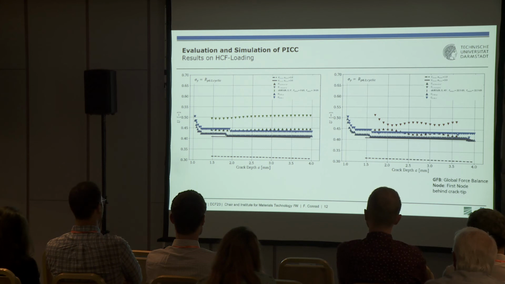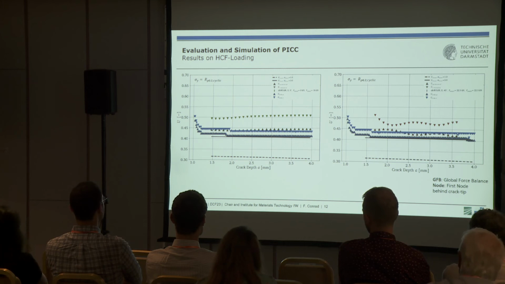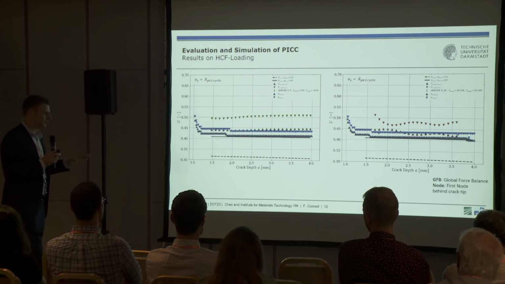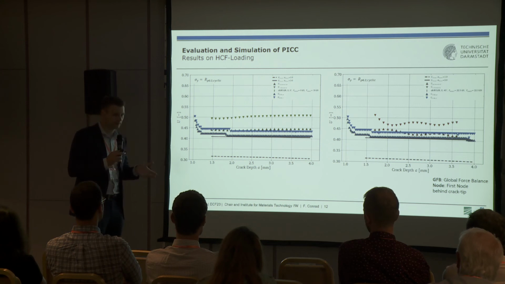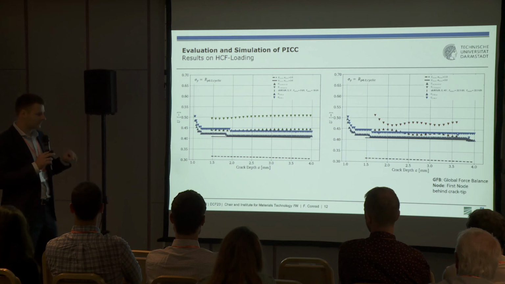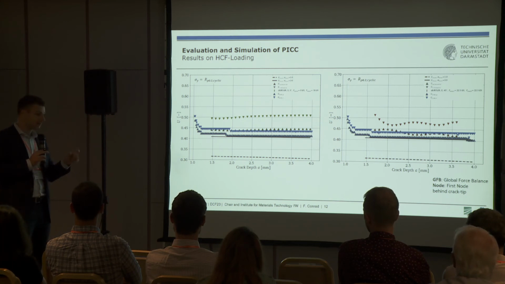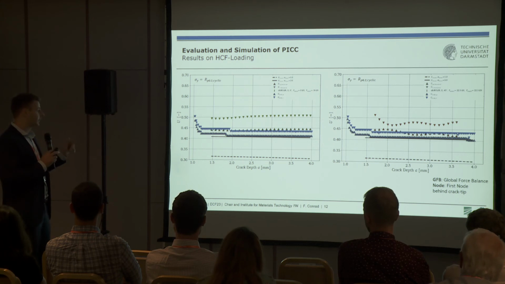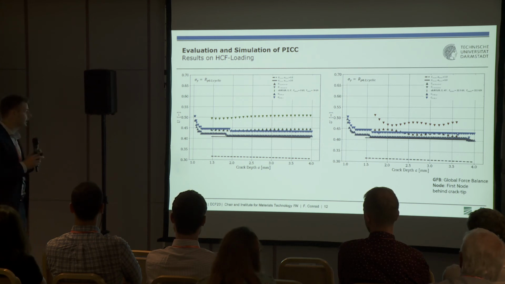We use 2 criteria to determine the crack opening and closing in the simulation. The first one I'm showing here is the global force balance, how we call that. So we balance the external force and the reaction forces in the ligament area, and we use a threshold then to detect crack opening and crack closing.